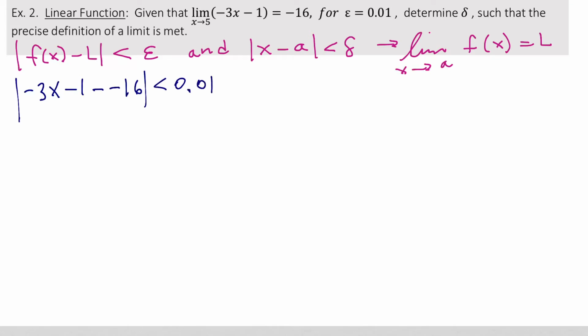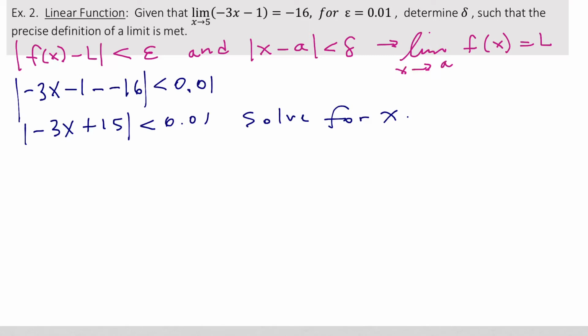All right, so I'm going to organize this, and I'm going to solve it. So that's negative 1 plus that's 15. I'm going to solve this, and then from there, we'll find delta. All right, so I can make two true statements out of this inequality, of course. There's the first one.